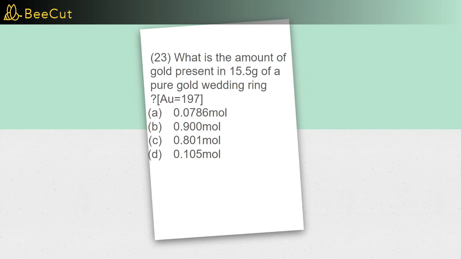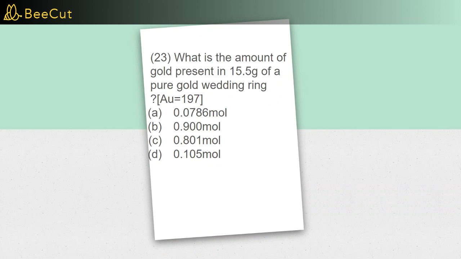This one says, what is the amount of gold present in 15.5 grams of a pure gold wedding ring? The molar mass for gold here is 197.